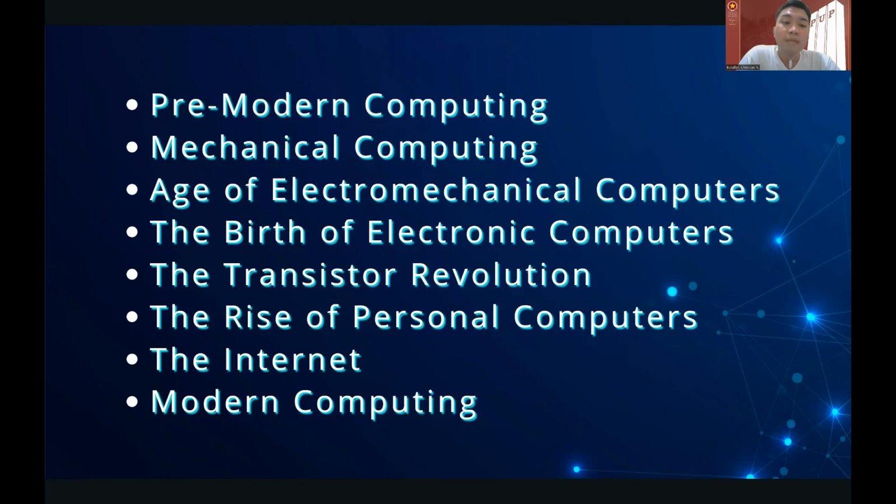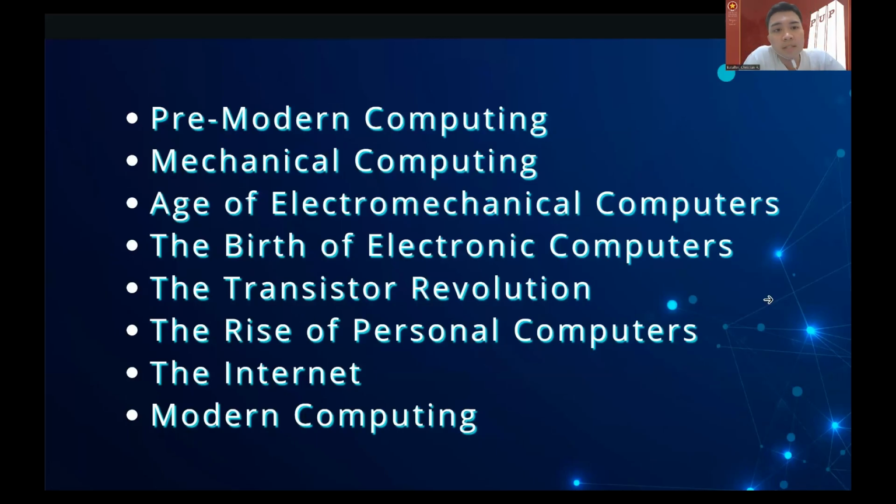And the advent of cloud computing in the 2000s transformed data storage and access. Services like Amazon Web Services, Microsoft Azure, and Google Cloud offer scalable and cost-effective computing resources over the internet.